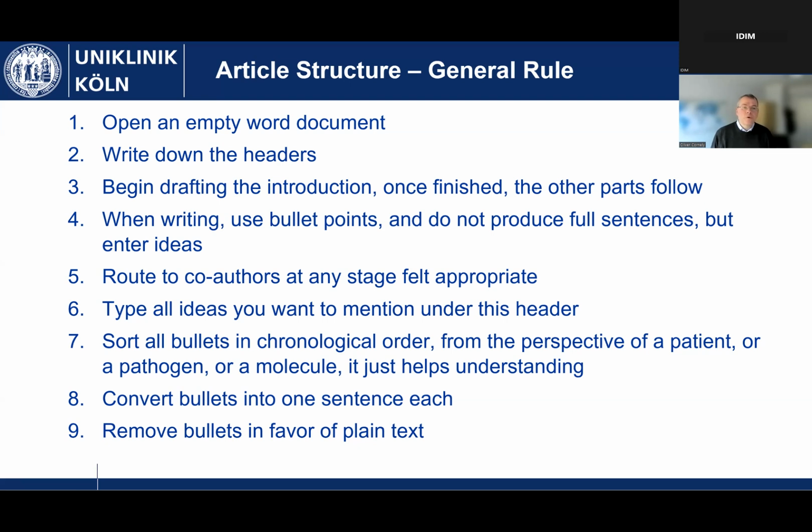And once all that is done and the bullets are sorted in their chronological order, then convert the bullets into one sentence each. So you need to fill in a word here and there so that it's a nice sentence. And the next step, and you might run it through the team of authors once more before going to number 9, which is remove the bullets in favor of plain text and then check whether it nicely flows. Otherwise, make it flow.